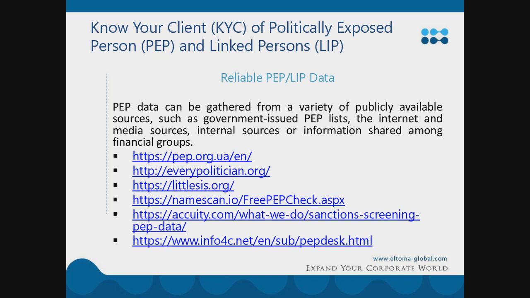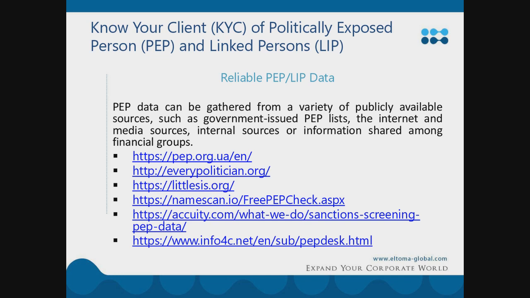However, there are also some financial institutions and websites which could help you to identify such information. For some of them you need to pay, and some are free. You may see the links on the screen: PEP.org, EveryPolitician.org, OpenSanctions, Name Screen, Free Check, LexisNexis, and so on.